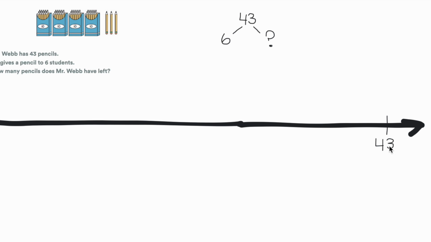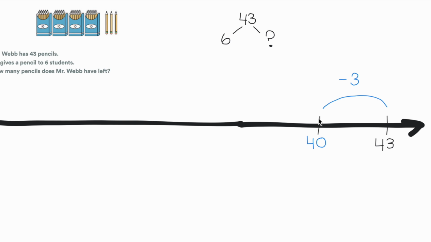Let's see. How would I do that? 6. You know what? I know 3 and 3 is 6. So I can jump. I can separate 3. Okay, so 40 minus 3, that's 40. Okay, and now I can subtract another 3.